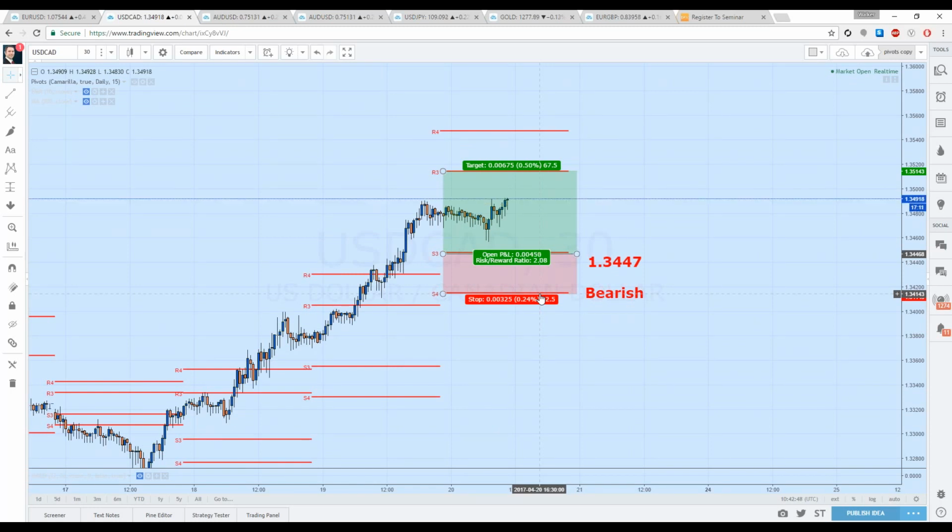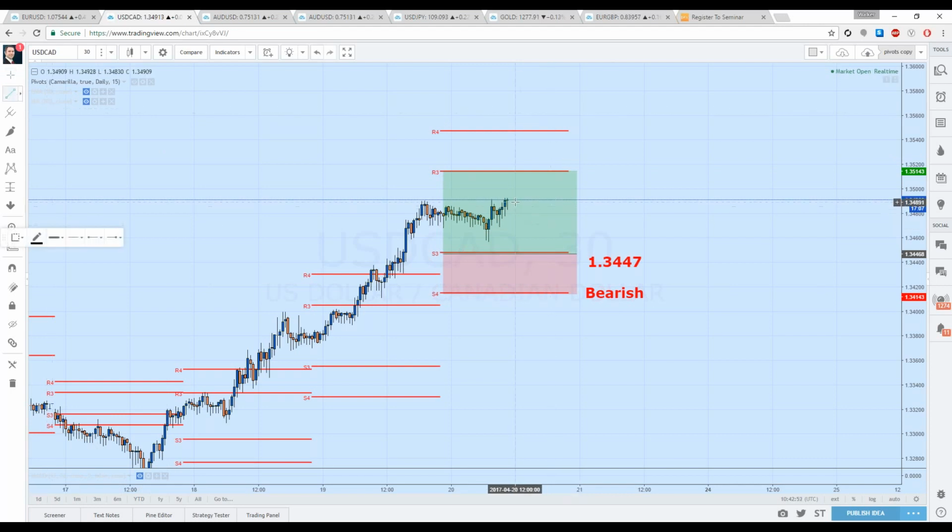If prices drop below S4, it would signal market momentum is changing, at which point all bullish or buy-based positions should be closed.